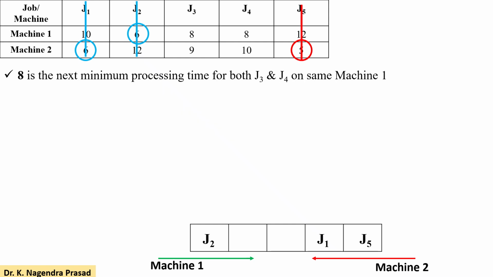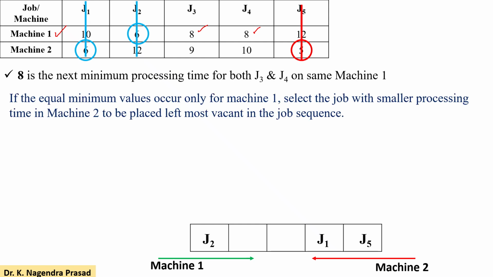Next minimum processing time is 8, for job 3 and job 4 on the same machine, machine 1. So this is a tie on the same machine. In this condition, if the equal minimum values occur only for machine 1, then you select the job having the smaller processing time on machine 2 and place it in the leftmost vacant position in the job sequence.